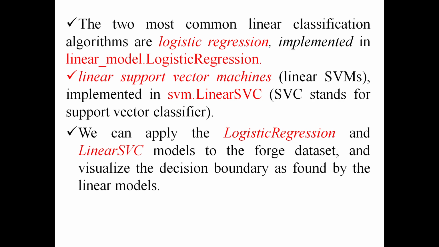We are going to use logistic regression, and the other is the support vector classifier. We use these two on our datasets and see how much level of classification recognition is achieved.